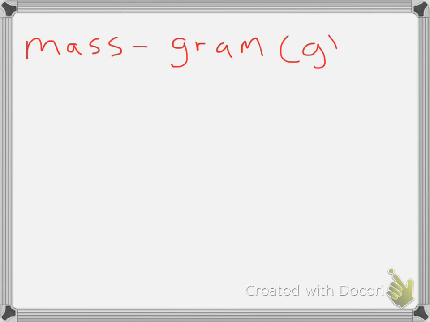We'll address these a lot as we get more into this. Okay, so for mass, the base unit is going to be the gram. So even though the fundamental SI unit is the kilogram, for the base unit in the metric system we use the gram. So the gram is a value of 1.